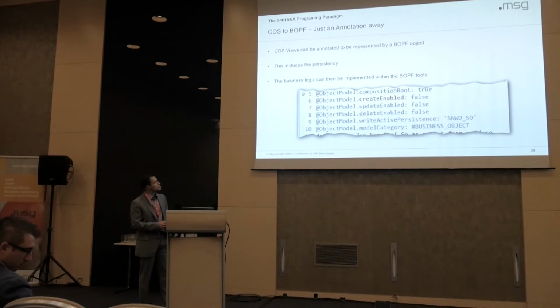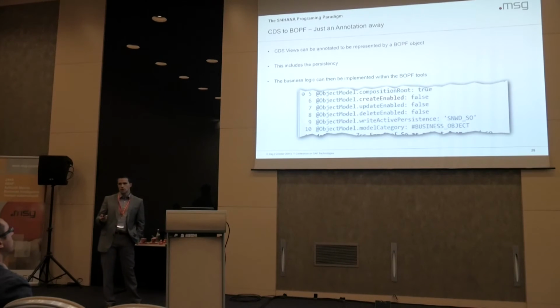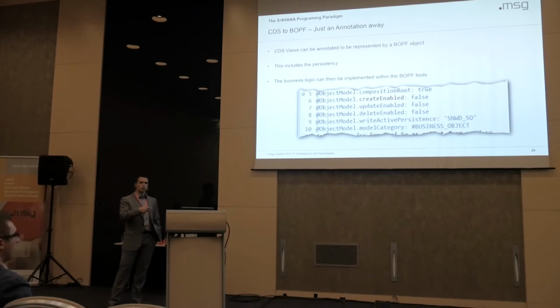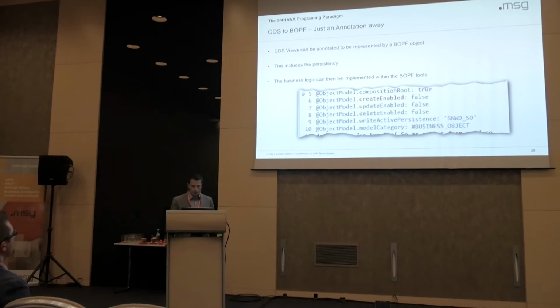So you have this class of annotations that are called @ObjectModel that allow you to specify if a CDS view is a business object, if it's a root or a node, how the associations are running. And you can also specify the CRUD operations, and you can also specify what is the persistency. In what table do I want to put the data if there is a write operation?